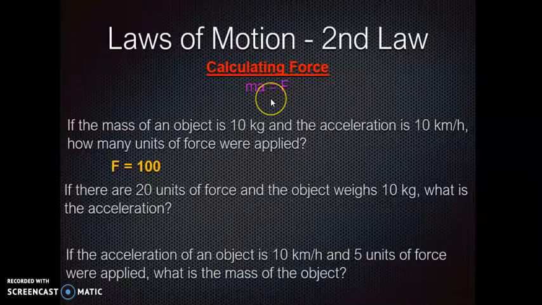Well, this is simply going to take our mass and our force, and we're going to divide, because if we multiply on this side of the equal sign, if we're using something from the other side, we have to divide. So what do you think? We're going to take 20 divided by 10. What's our answer? That's right. Our acceleration is 2 kilometers per hour.